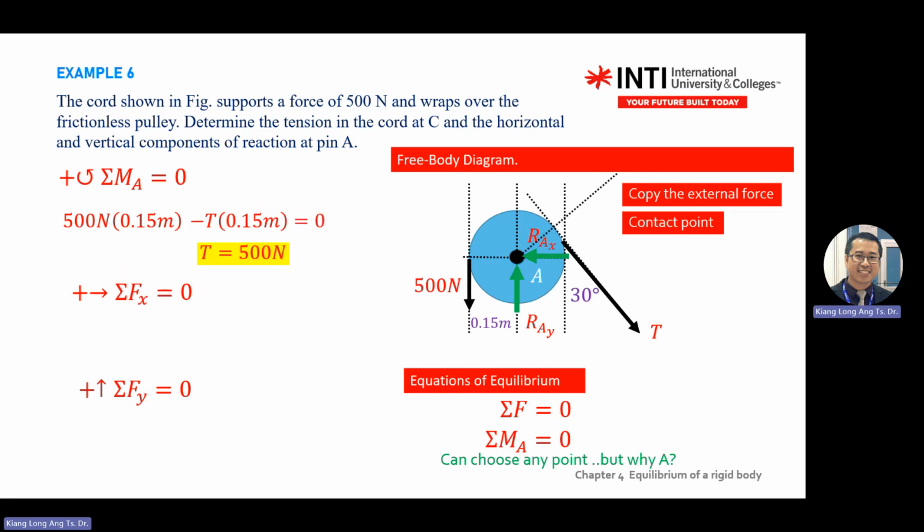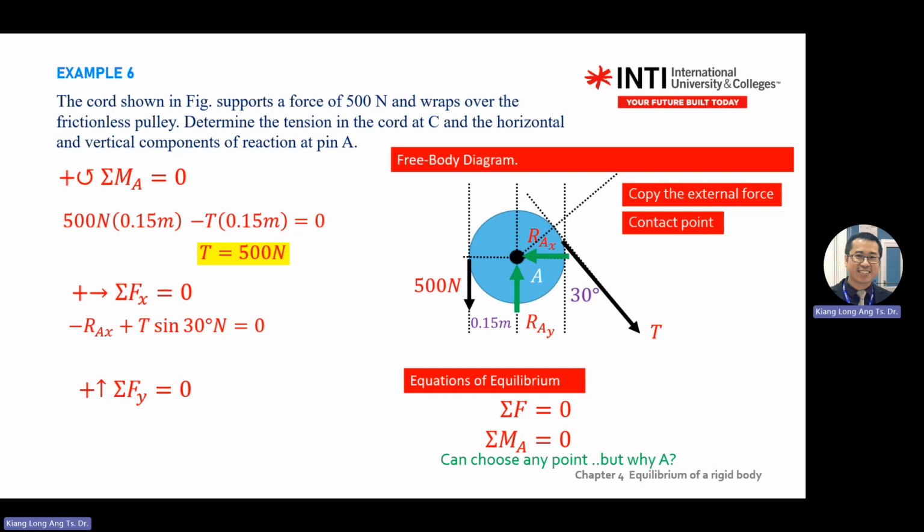Okay, you get the tension cable by the first equation, moment at A equals 0, you get tension 500. Then for the X direction, Y direction, RX, here, because my free body diagram is pointing to the left, that's why I put negative there. If your free body diagram is pointing to the right, then RX becomes positive.